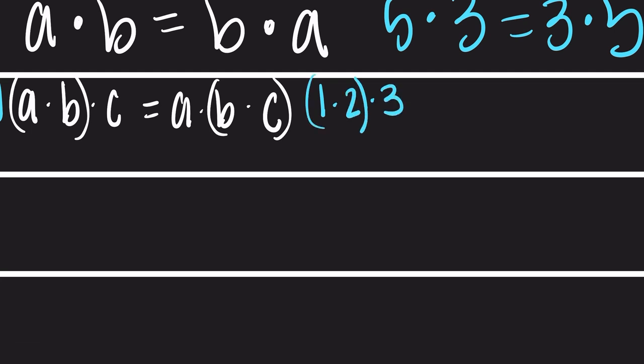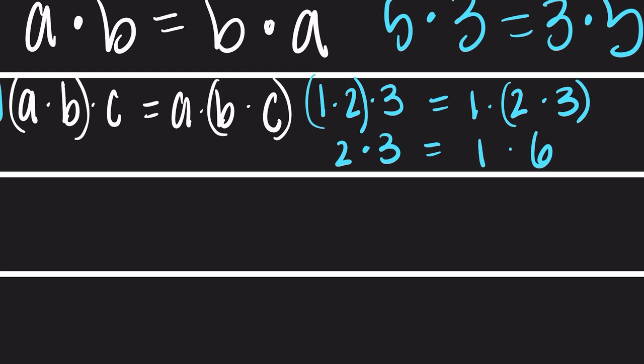You can think of that as, well, 1 times 2 is 2, times 3 would be 6, or you can think of that, okay, 2 times 3 is 6, and 1 times 6 is also 6. So those two methods, we're doing them a little bit differently, but we're still going to get that same result.